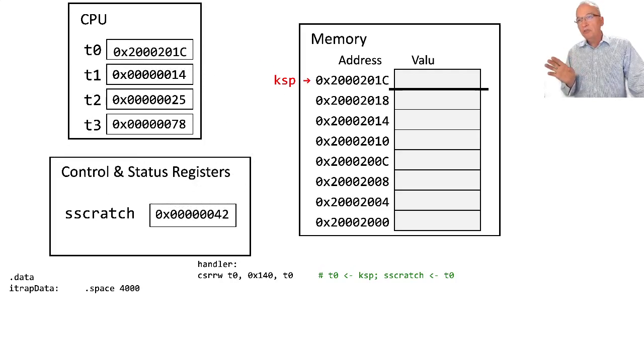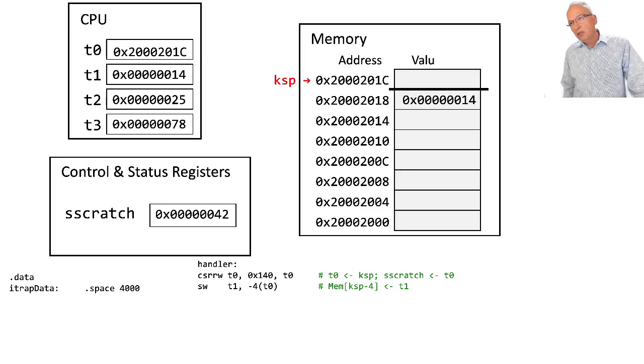Notice that I never lose the value of T0. I just exchange the two values. So now the top of my stack is actually in T0. And now let's say that I need to save one register. So what I'm going to do is write the value of T1 into the stack.